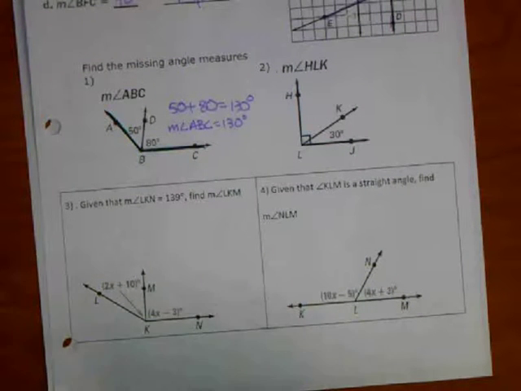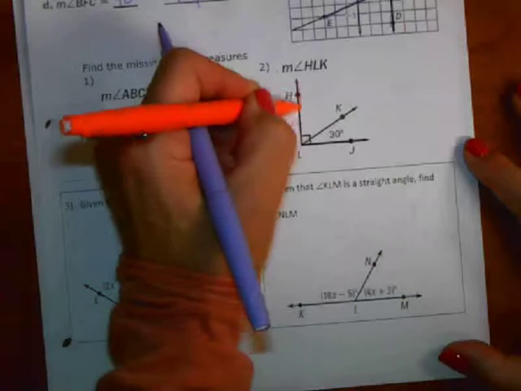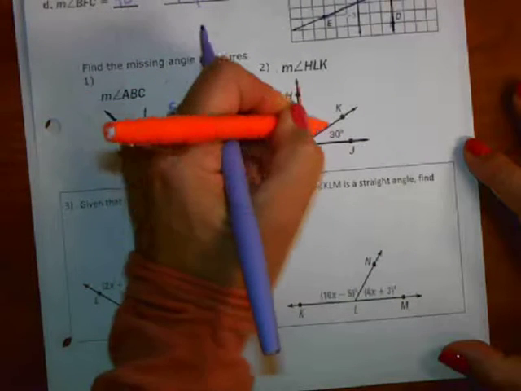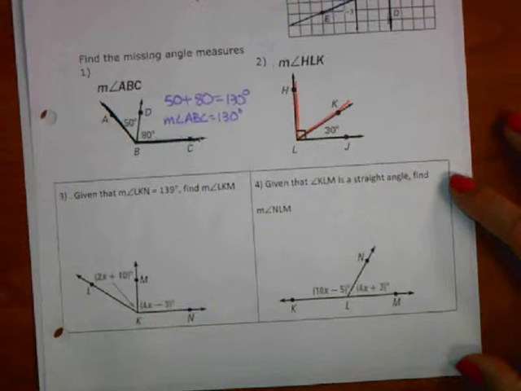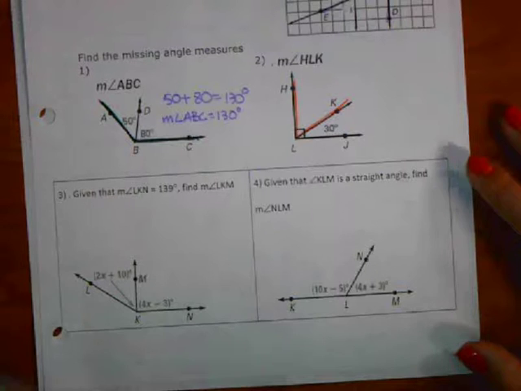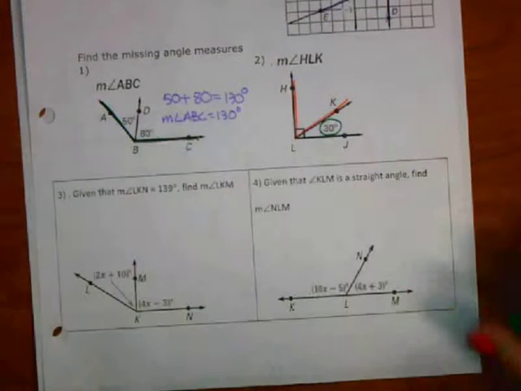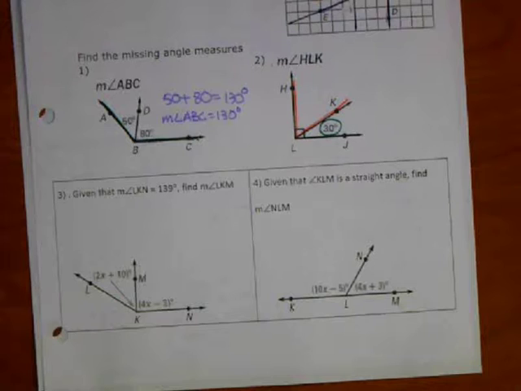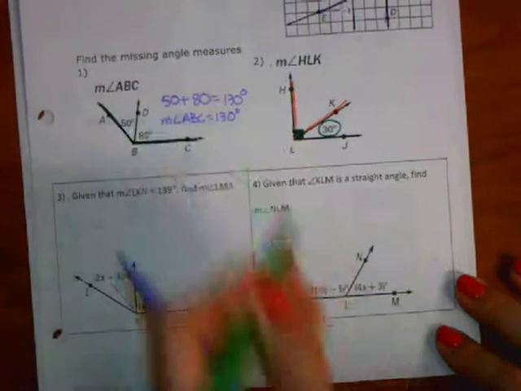So this one here, it's asking for HLK. So it's asking for that angle. What information did they give me? They gave me this, KL. And what else did they give me in this picture? Oh, and they gave me this, which means what? 90.